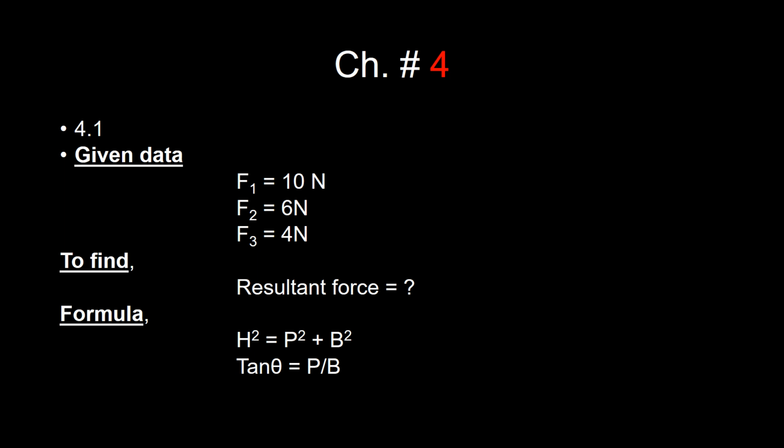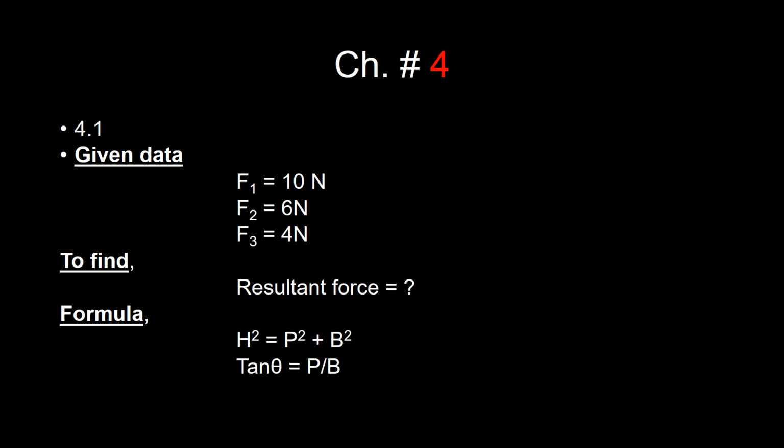The SI unit of torque is Newton meter. A torque of 1 Newton meter is caused by a force of 1 Newton acting perpendicular to a moment arm of 1 meter long.